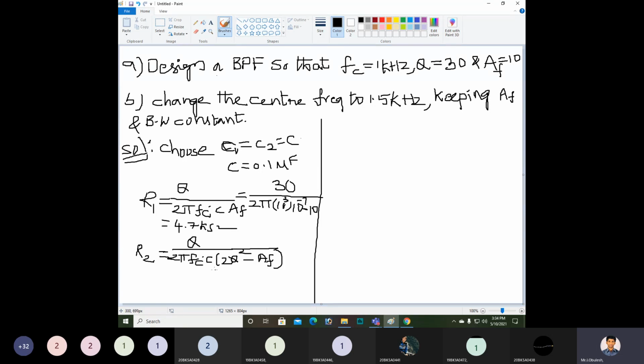So that 1790 into this term. What is the answer? Tell me the R2 value. So the R2 value is equals to 26.67 ohm.